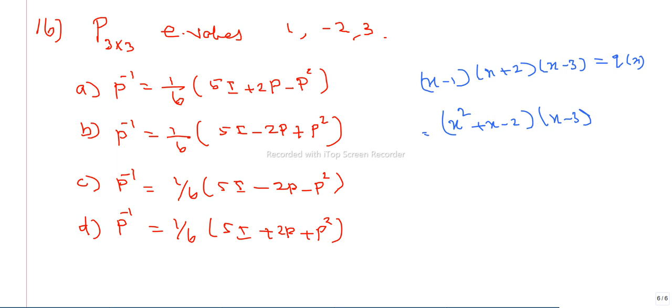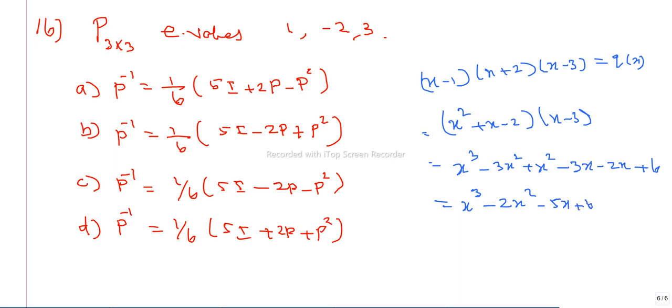This should be x cube minus 3x square plus x square minus 3x minus 2x plus 6. Therefore x cube minus 2x square minus 5x plus 6. So this is the characteristic polynomial q of x.